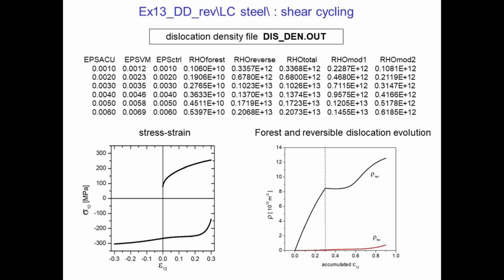And then you have how many dislocations are contributed by mode 1, that is the {110}<111>, and by mode 2, that is the {110}<112>. So this is the contribution of each mode to the deformation, and these are the total of the forest and the total of the reversible, and those are plotted here.